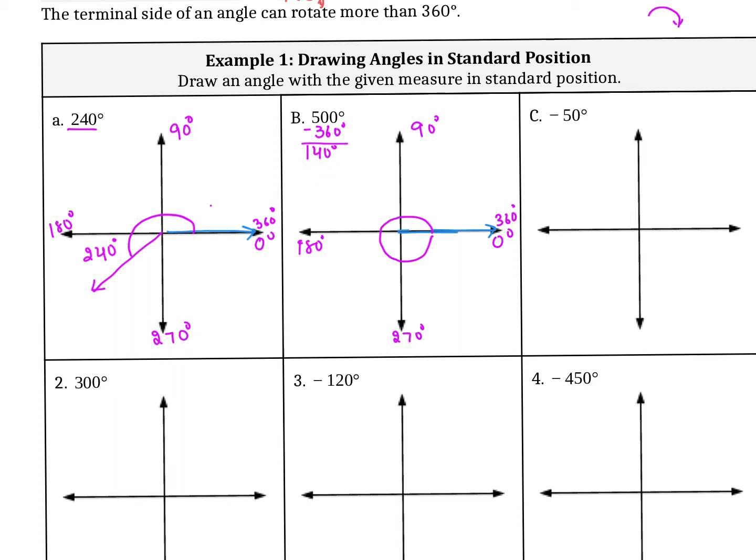So 140 is going to be between 90 and 180, 140 from the original initial line. Again, 360 doesn't really matter because it brings you back to the initial line.